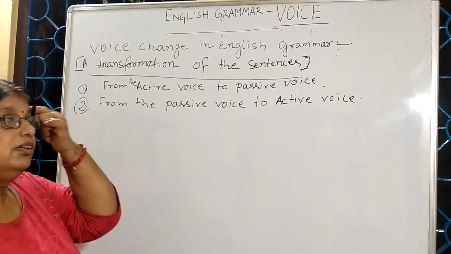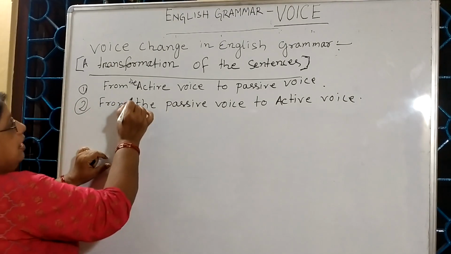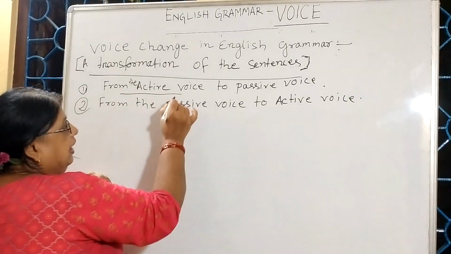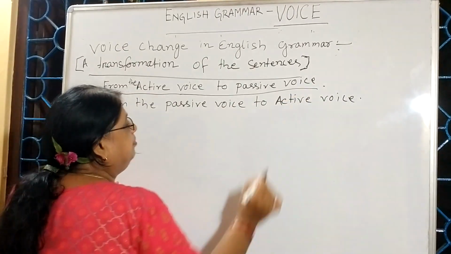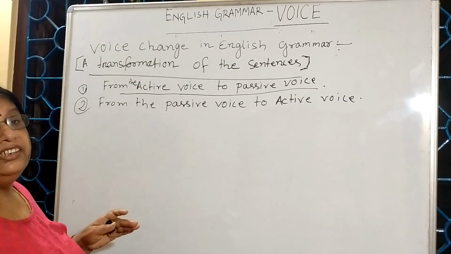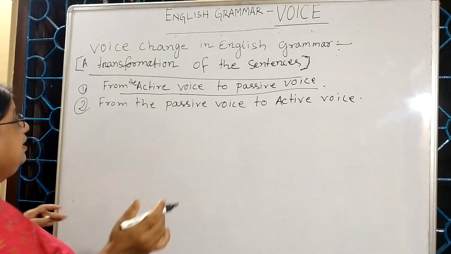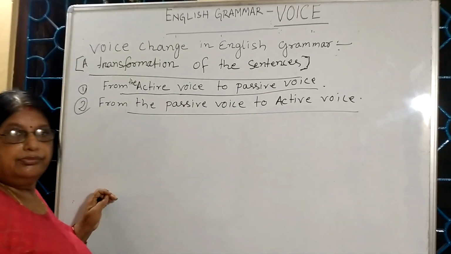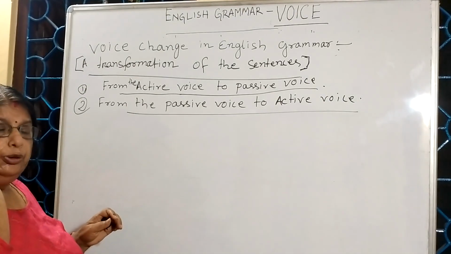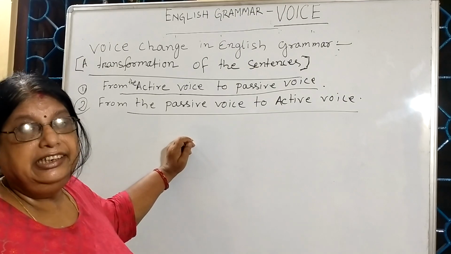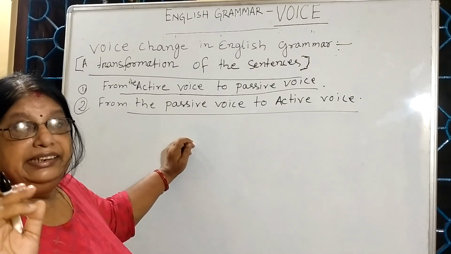One is if a sentence is in active voice, that will be changed into passive voice. Sometimes some sentences in passive voice are changed into active voice. So, this voice change is dependent upon tenses.